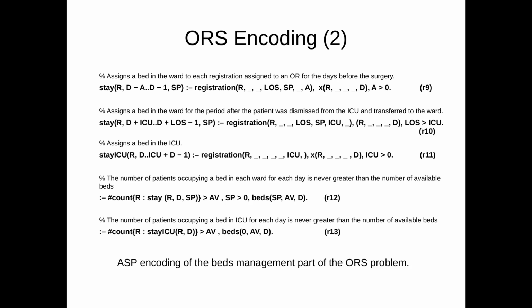It must also be taken into account by this constraint that the number of patients occupying beds for each day is never greater than available beds. So if there are available beds, it should not be the case that the number of patients occupying the beds is greater than the available beds. And similarly, the number of patients occupying a bed in the ICU should never be greater than the available beds in the ICU.